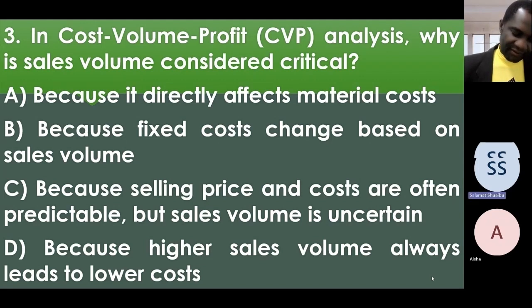Okay, so you are going for D. Yes, D, because the higher the sales volume, it leads to lower cost, and when there is higher price, it leads to low sales volume. Yes, I'm going with D. Final answer. All right. So Aisha C, Salmat D.